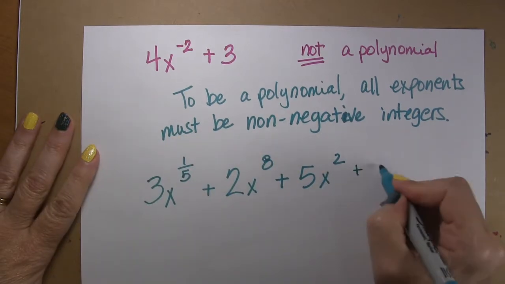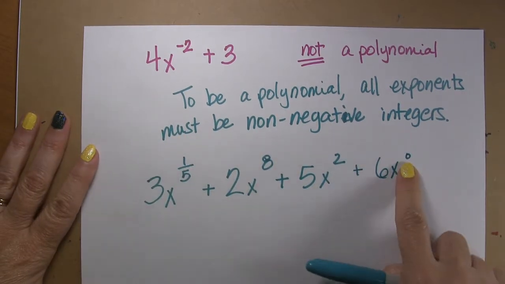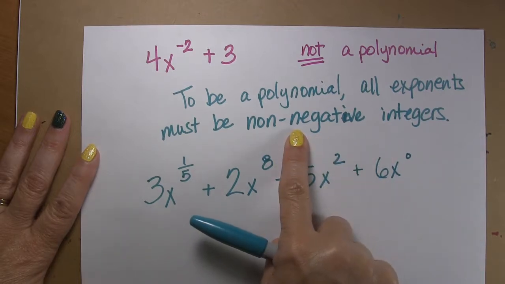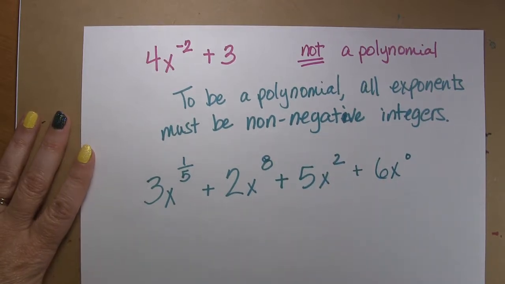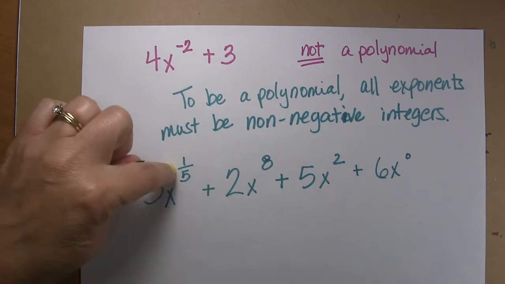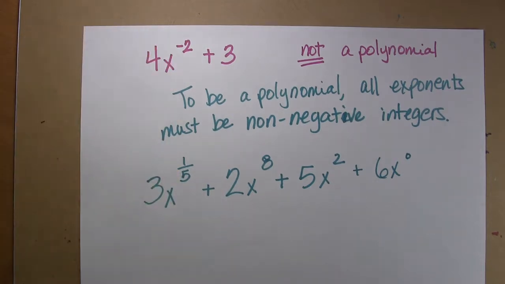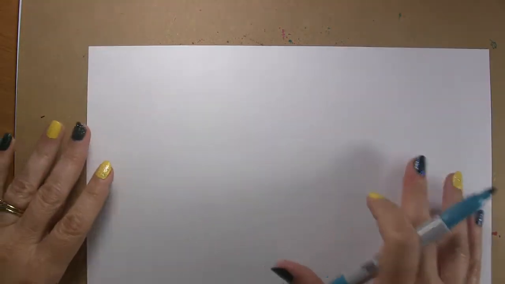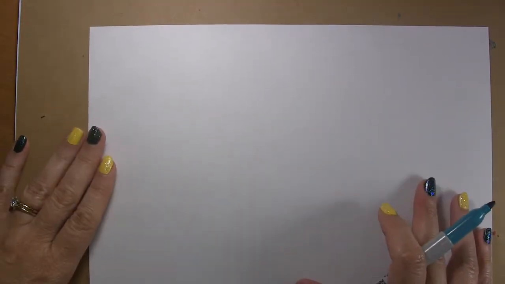They can be 0, because 0 is still a non-negative integer. So 0 is okay, but funky numbers like fractions and negative numbers, not okay. All right, so that's the first thing that you need to be able to do, is to classify these polynomials based on how many terms are being added and subtracted.